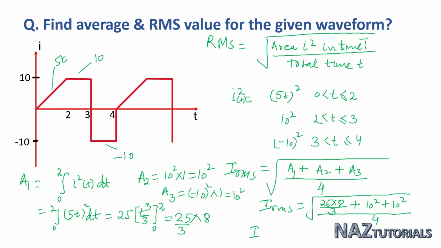If you solve this equation, then the IRMS will be the square root of 200 divided by 3. This is the solution for such kind of waveform where the function varies for different sections of time.